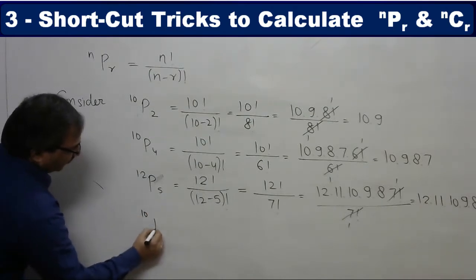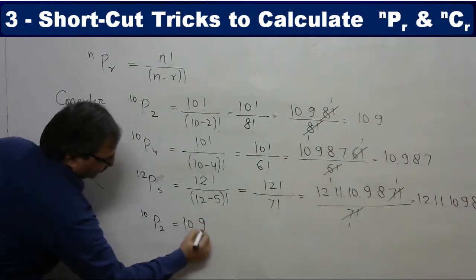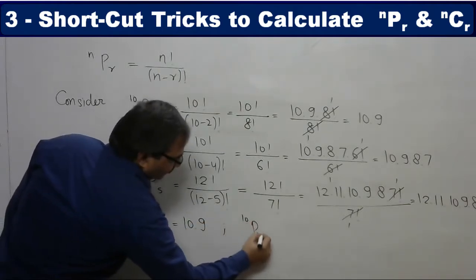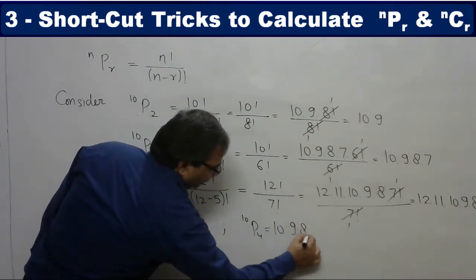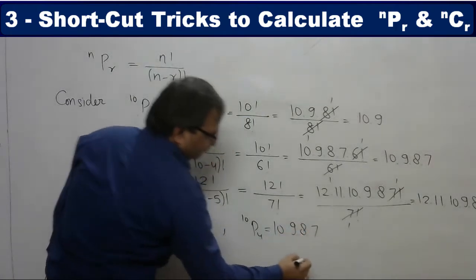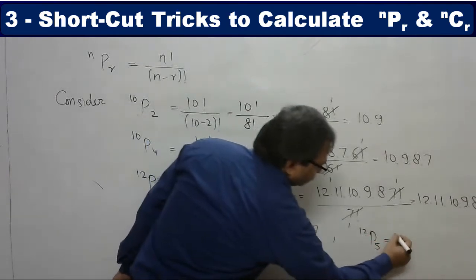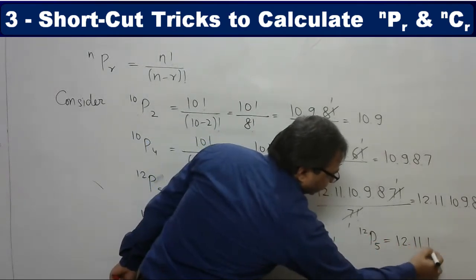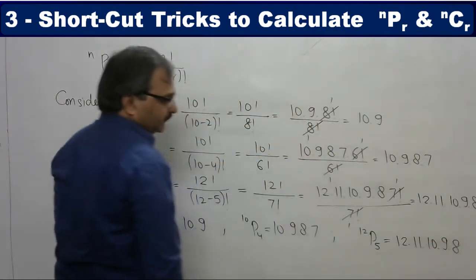So we got 10P2 is equal to 10 into 9, 10P4 is equal to 10 into 9 into 8 into 7, and 12P5 is equal to 12 into 11 into 10 into 9 into 8.